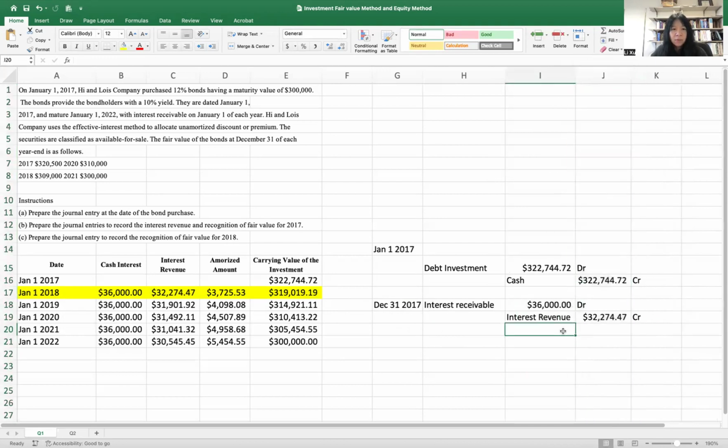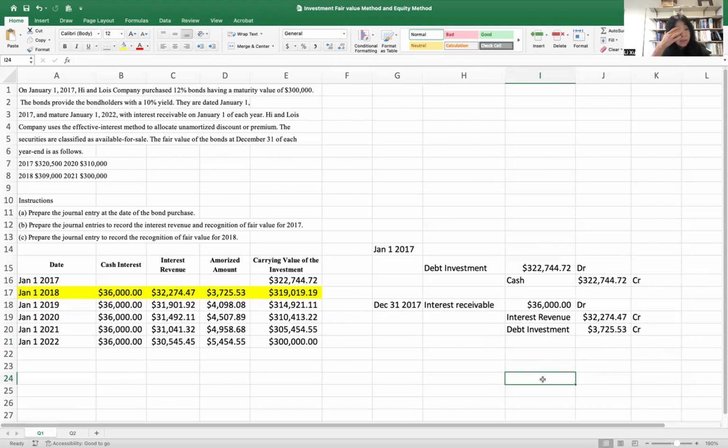So the last one we're gonna have is the amount which is amortized. Here we're just gonna directly take it out from the debt investment. When you amortize the debt investment here, because we're reducing it, so we're just gonna credit it. So that's the second journal entry to recognize the interest revenue.